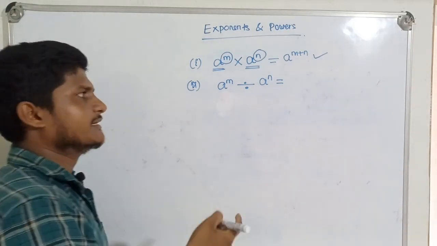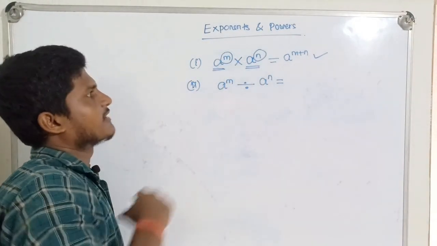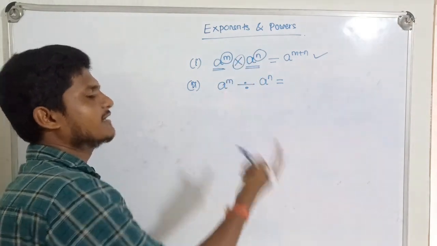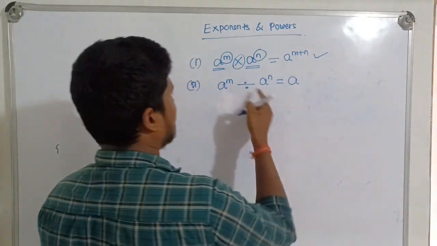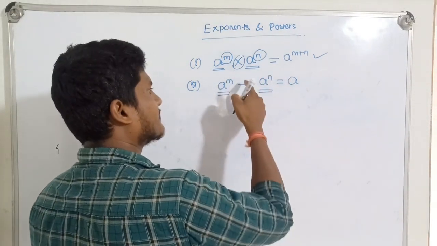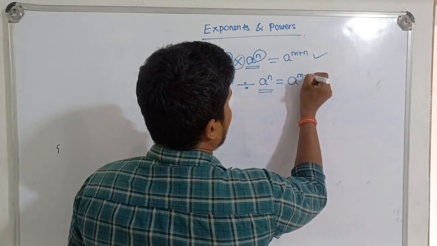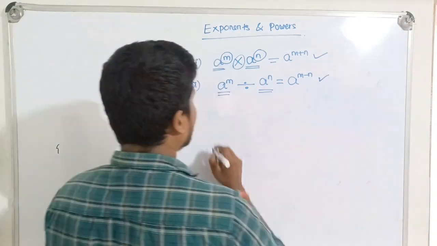These two are very similar, the only difference is that here it is multiplication and here it is division. In the division case, just subtract the two powers. Here also the bases are the same but the powers are different, so just subtract the two numbers, m minus n.